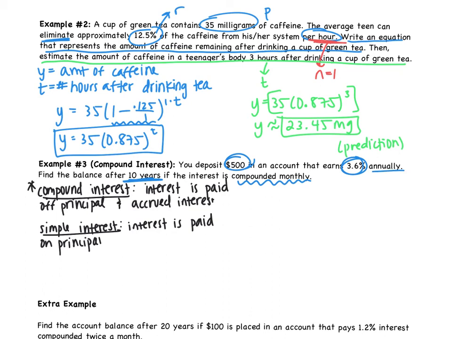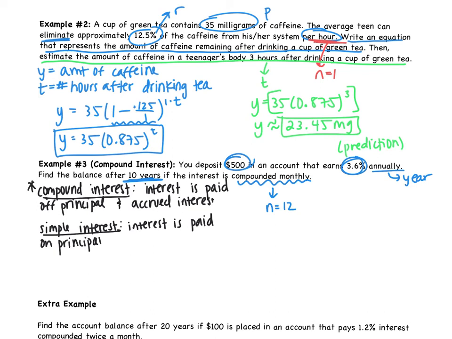Well, our cycle is annually, which means a year. So we need to know how many times is this interest being compounded? How many times are we getting paid interest in a year? Well, it says it's being compounded monthly. So in our time unit of 1 year, that means that this interest is paid 12 times.